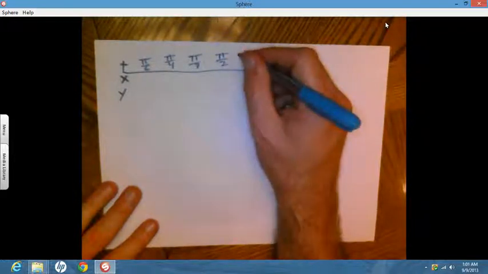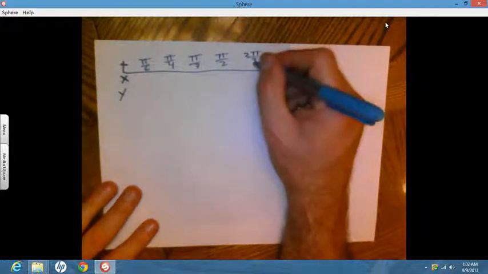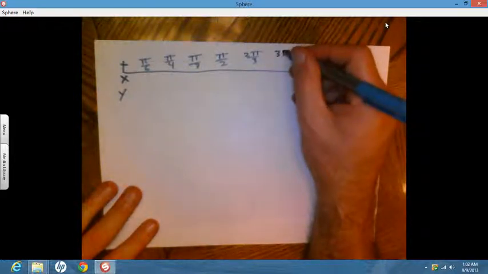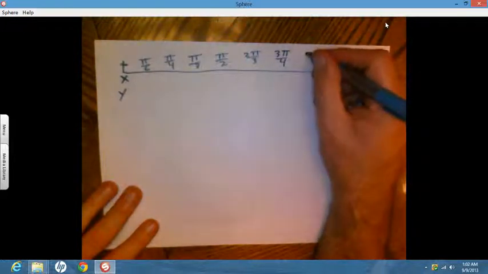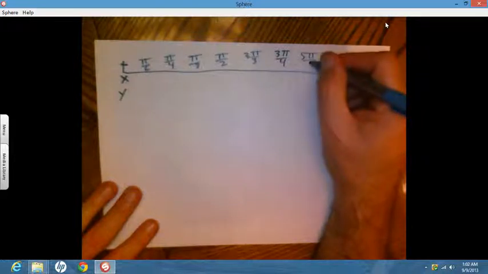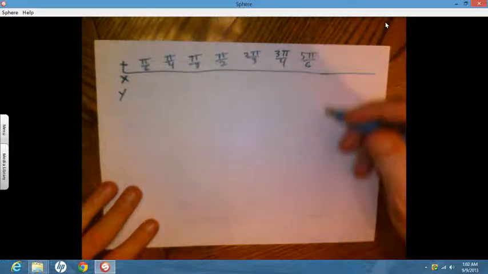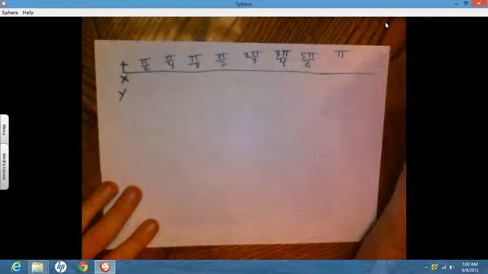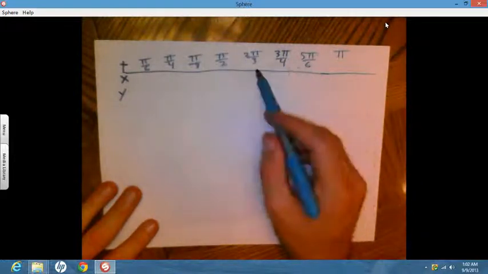And then we keep going: 2 pi divided by 3, 3 pi over 4, 5 pi over 6, and we'll just have pi. Notice these are multiples of pi over 4, pi over 6, pi over 3, what we were doing at the end of class last time.